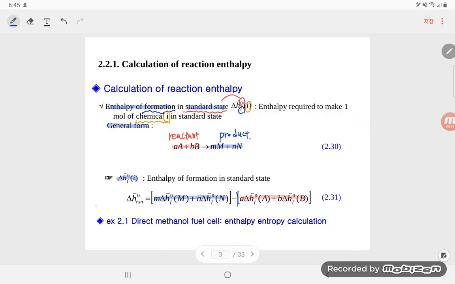So if you check this example, you can solve the related problems in the textbook.